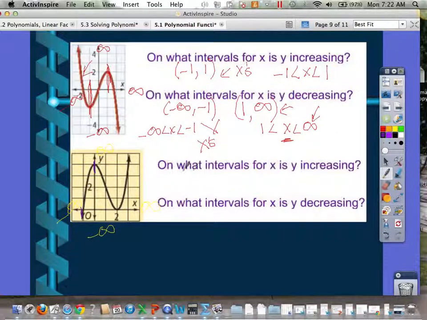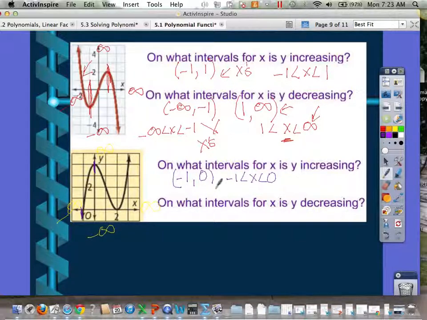So that would be increasing. That's going to be at negative 1 to 0, or written negative 1 < x < 0. And then it is also going up from this point up here, so that's at 2.